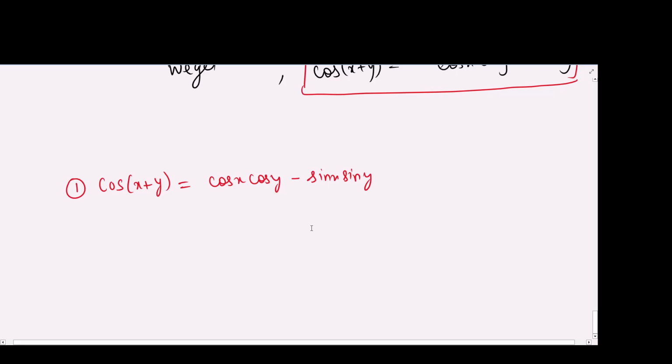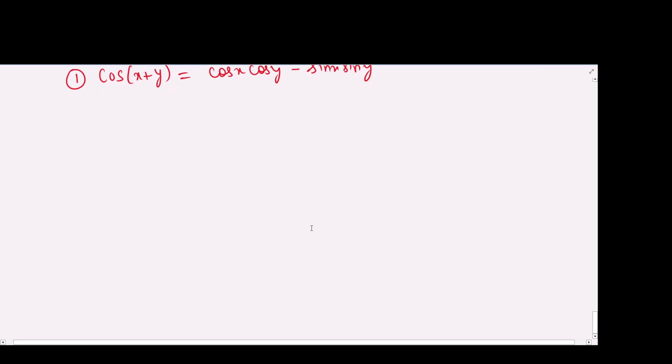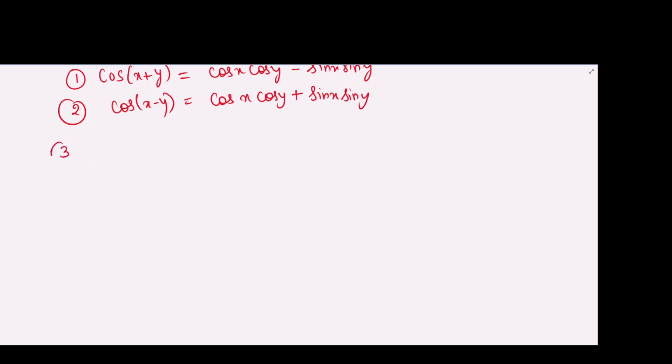So there are other identities as well. Like we have cos x minus y is equal to cos x cos y plus sin x sin y. Third, cos pi by 2 minus x is equal to sin x.